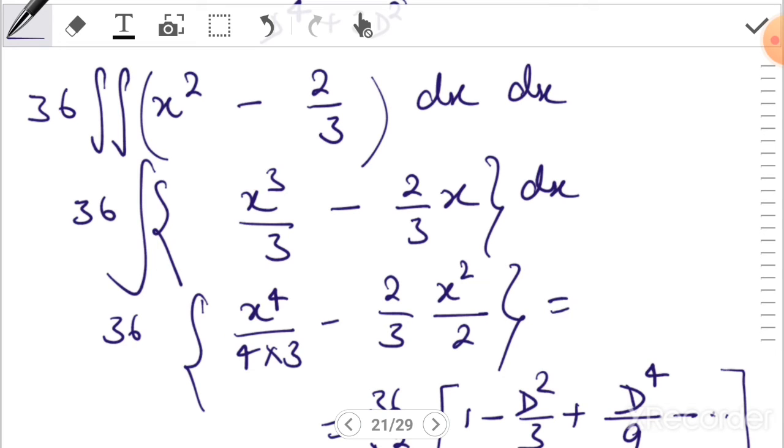That gives 3x to the power 4 minus 12 x square. Yes?